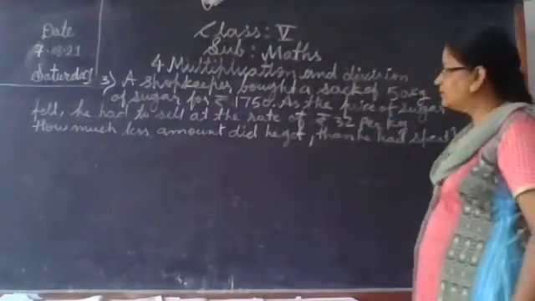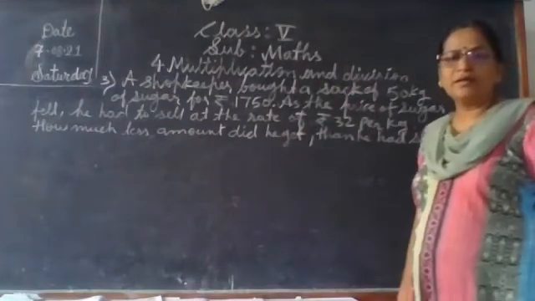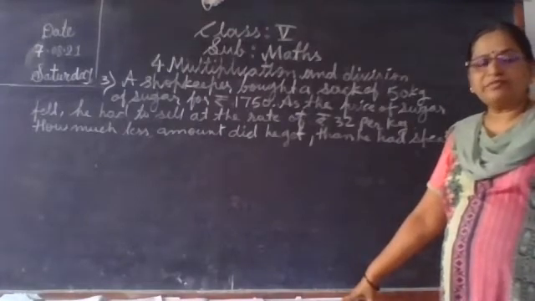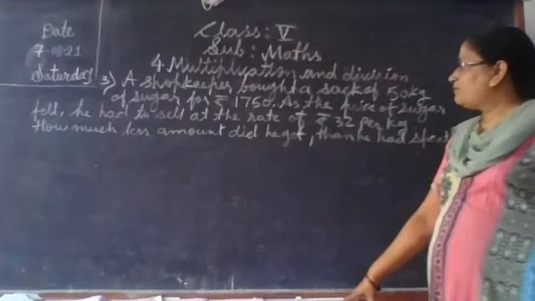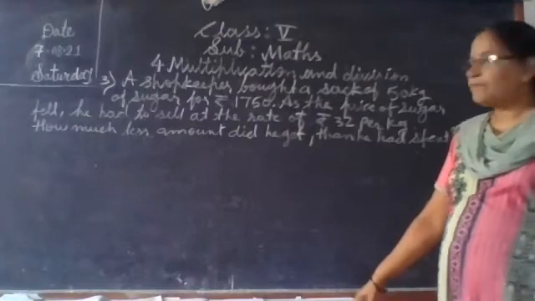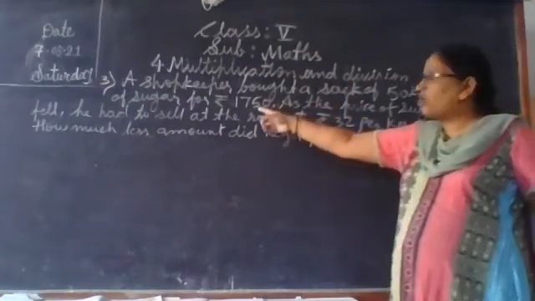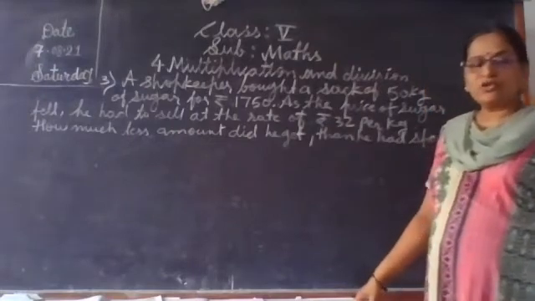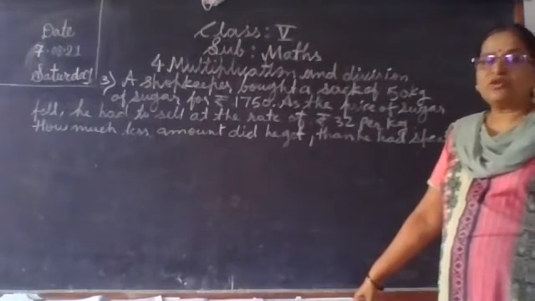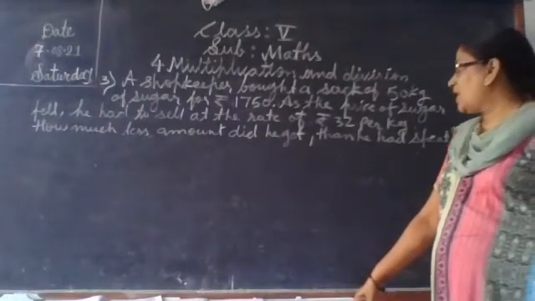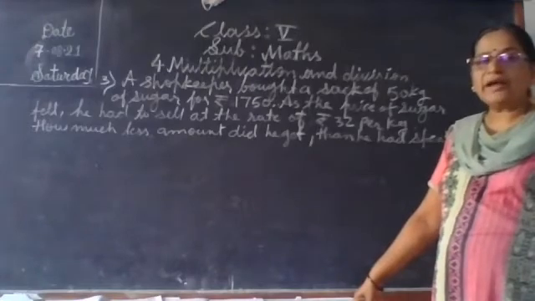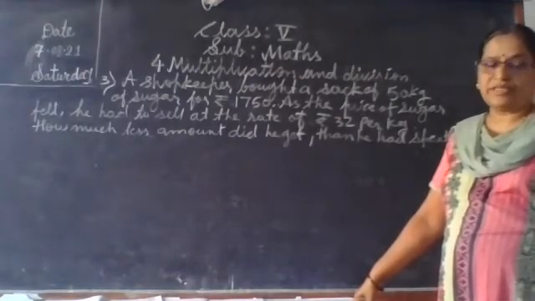So read the question. A shopkeeper bought a sack of 50 kg of sugar for rupees 1,750. So from this information we will find the rate of 1 kg, the cost of 1 kg of sugar. Next, as the price of sugar fell, he had to sell at the rate of 32 per kg.